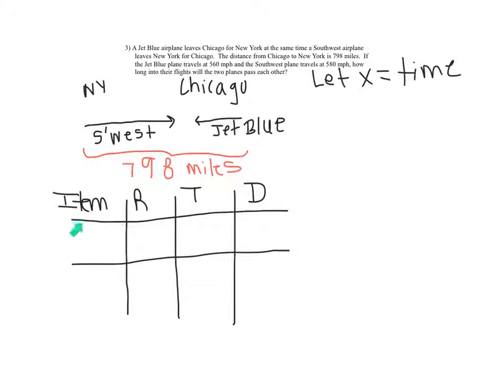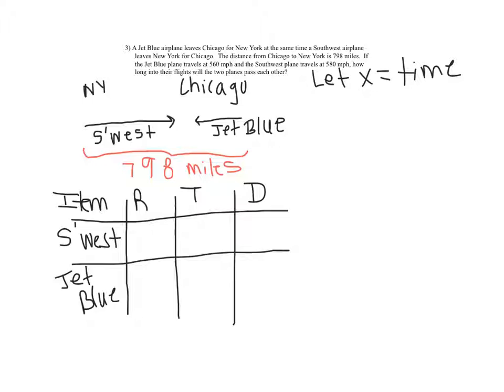The two items we're working with are the two planes, Southwest and JetBlue. So we're going to write those in over here. And now we're ready to look at what givens we have here.